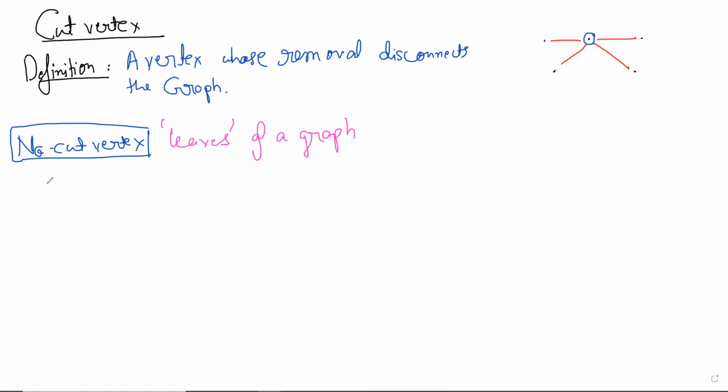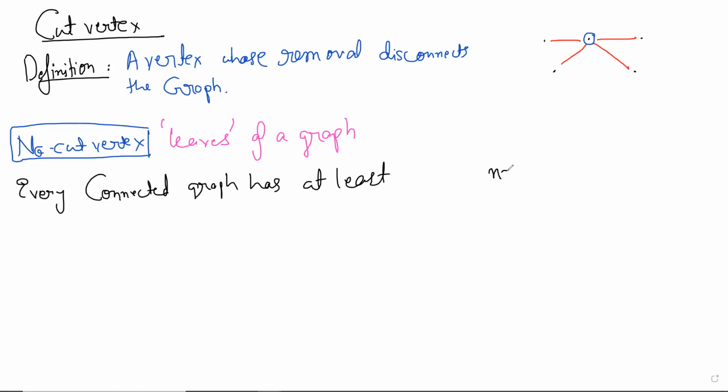Okay. So what was the result we proved about existence of no cut vertices? We proved that every connected graph, for the time being, otherwise there will be problems in the definitions, has at least how many no cut vertices?